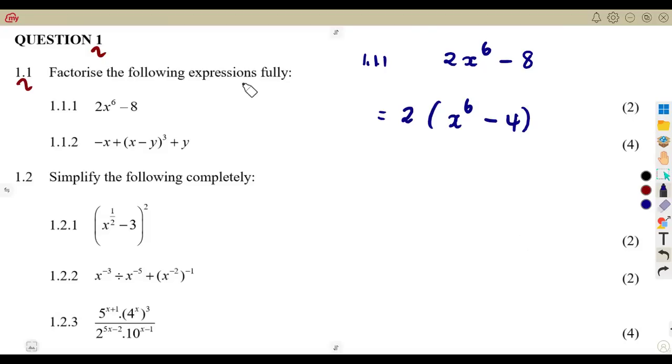But is it fully factorized? No, this one is not fully factorized. Why? If we check properly, we are going to see that what is remaining inside of this bracket is a difference of 2 squares. Why am I saying so?